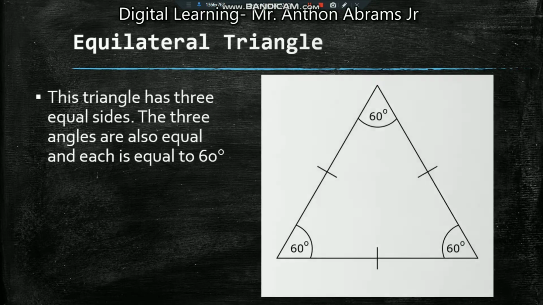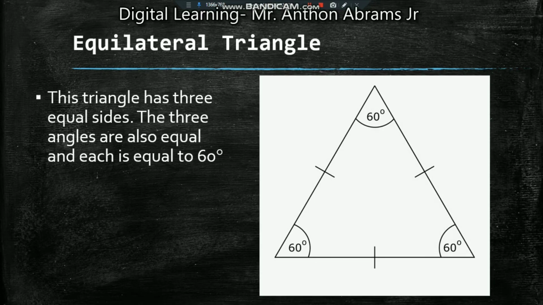So the first triangle we will look at is the equilateral triangle. This triangle has 3 equal sides, and the 3 angles are also equal, and each is equal to 60 degrees. If you look at the diagram, we have 60 degrees, 60 degrees, 60 degrees. When we add up those 3 angles, it is equal to 180.